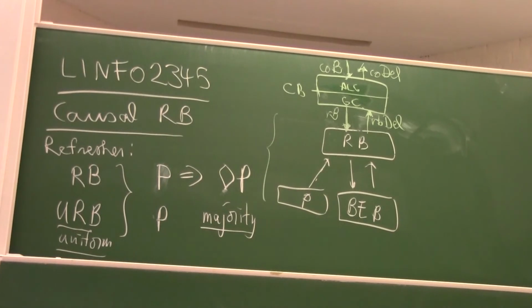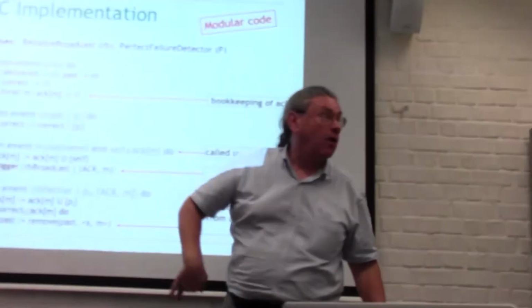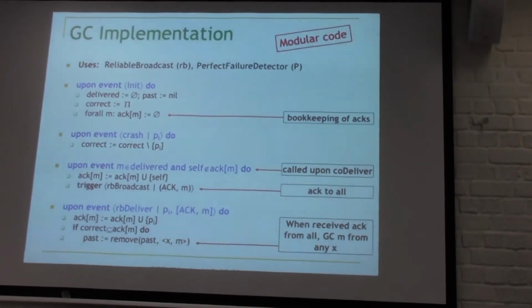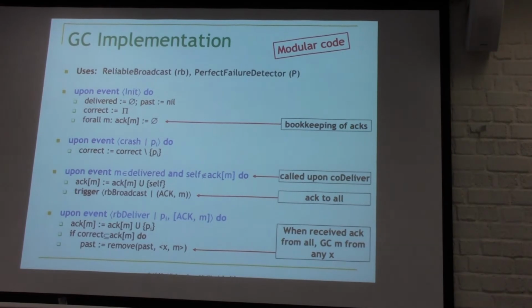I mean, the init, I've added two things here, but these three message blocks, I just add them to the previous code. So this code is modular. Everything is modular, so I reuse this, I reuse this, I reuse this, I just add code. So I have a modular implementation.